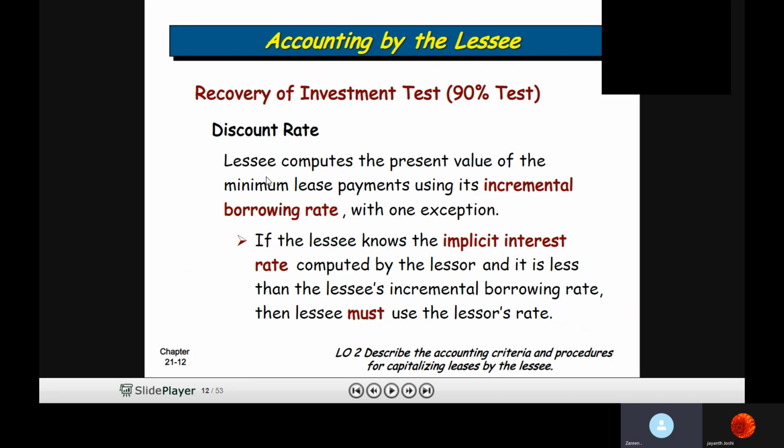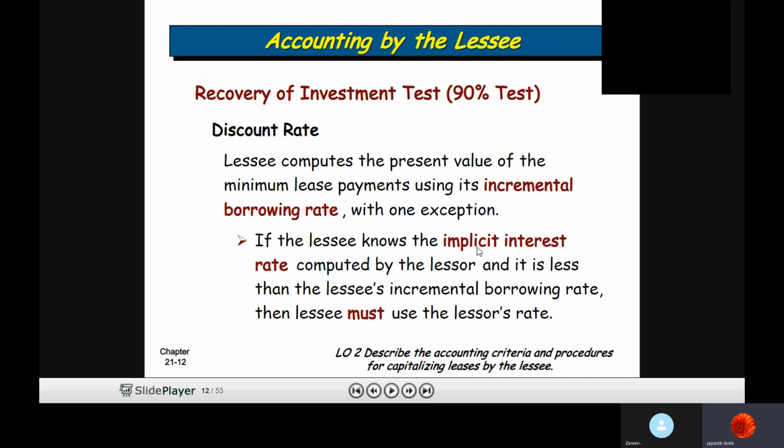Yes, sir. So the lessee computes the PV of minimum lease payments using its incremental borrowing rate with one exception. If the lessee knows the implicit rate computed by the lessor and it is less than the lessee's incremental borrowing rate, the lessee must use the lessor's rate.